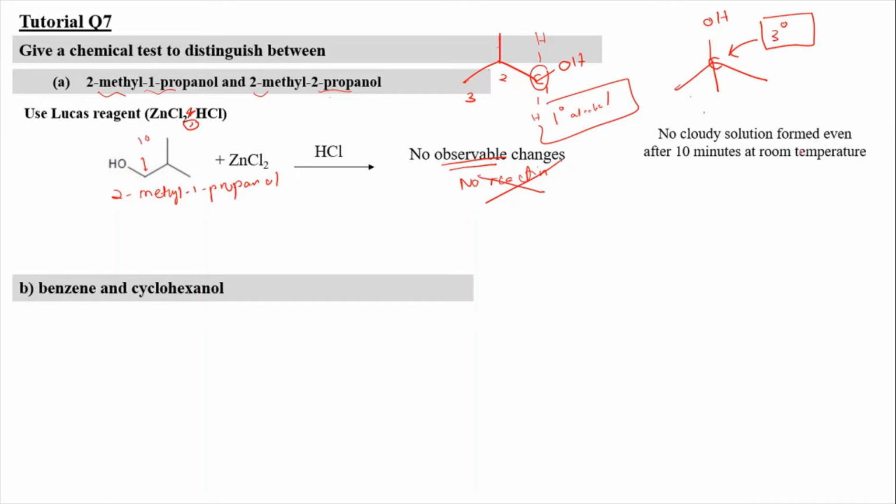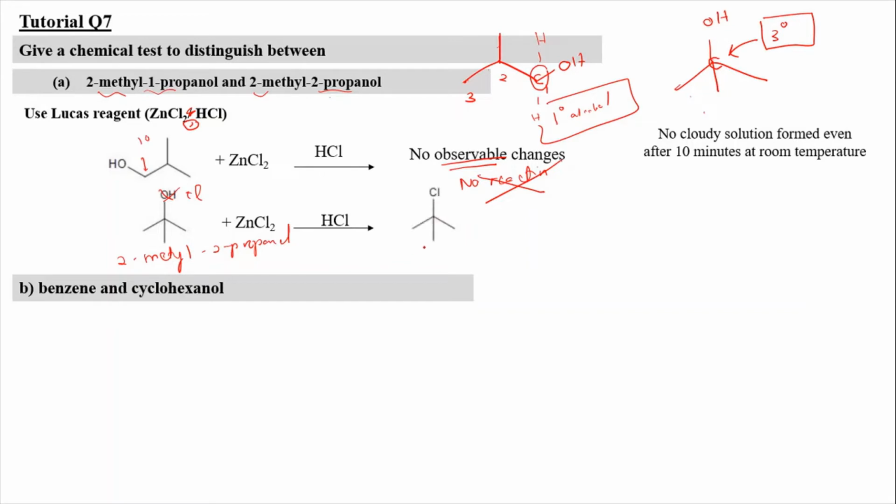Meanwhile, for 2-methyl 2-propanol, when we react it with the zinc chloride using HCl, the OH is going to be replaced with chlorine.